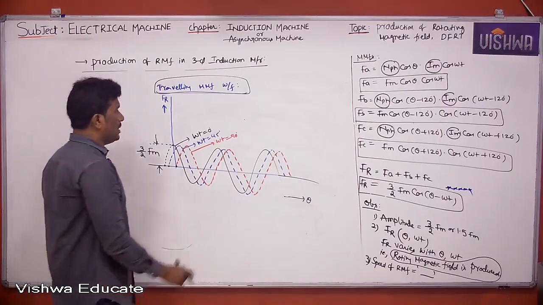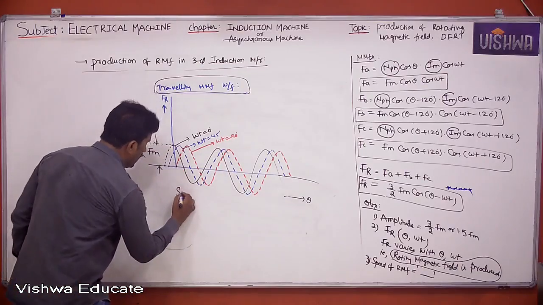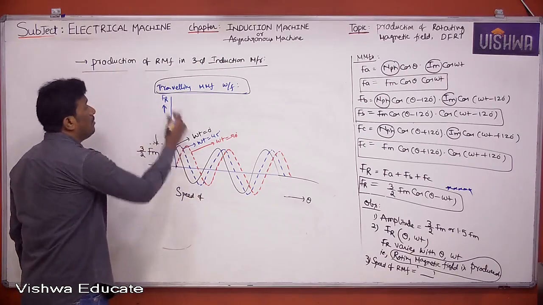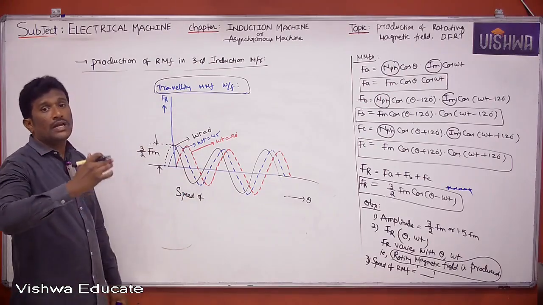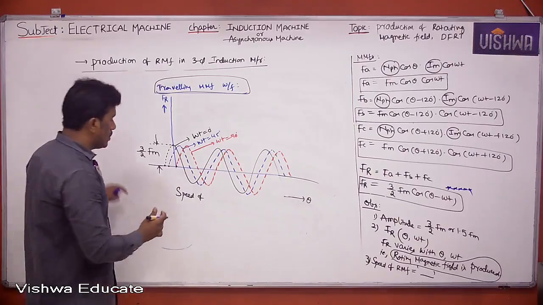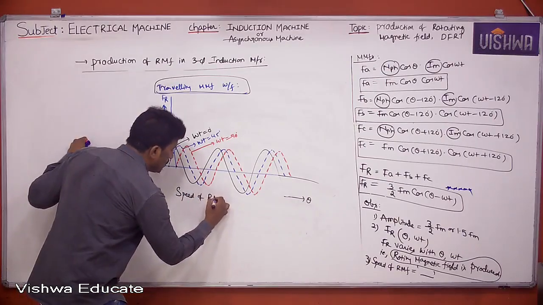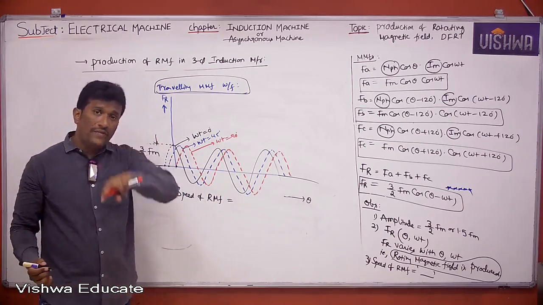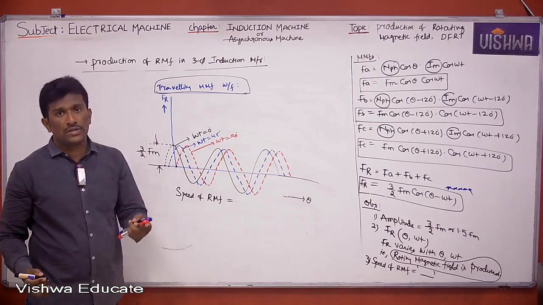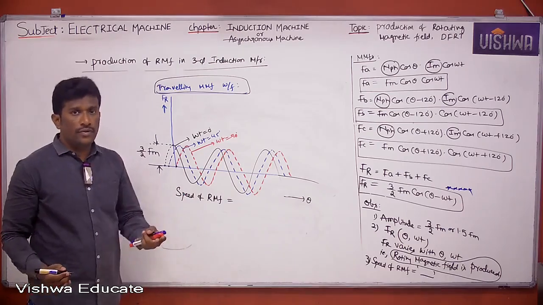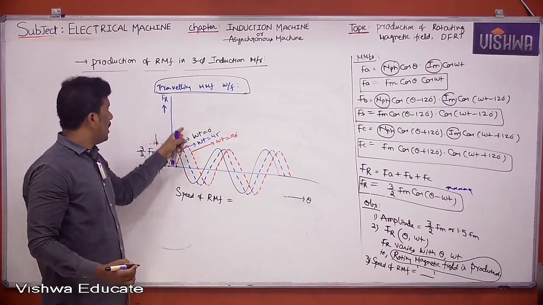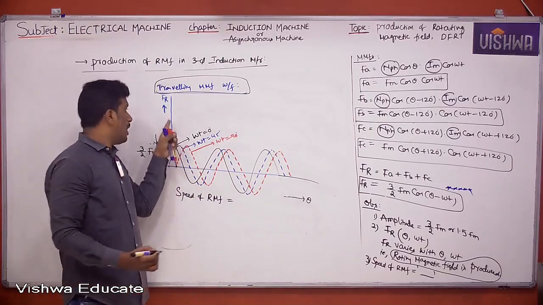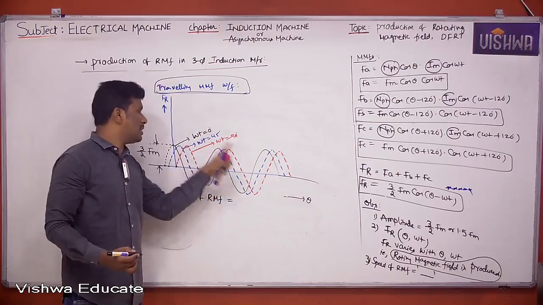Now my question is, with what speed is your resultant MMF, or I can say the rotating magnetic field, rotating? I told you already, magnetic field is nothing but flux, and flux is because of MMF. If resultant MMF is there, that means resultant flux is there. If MMF is varying with time and space, the magnetic field is also varying with time and space.